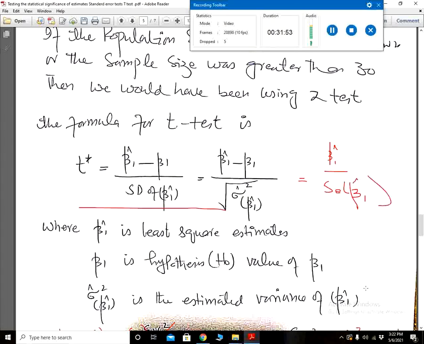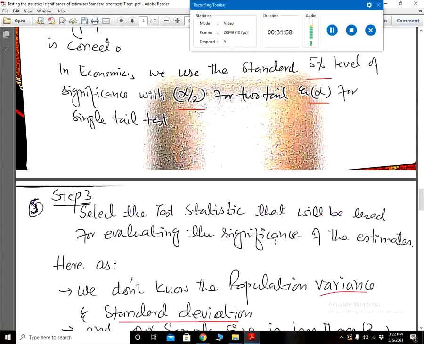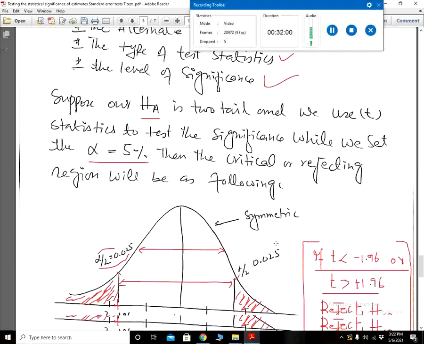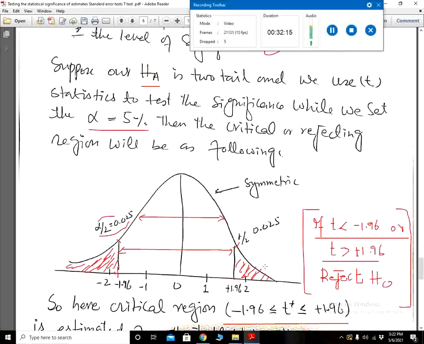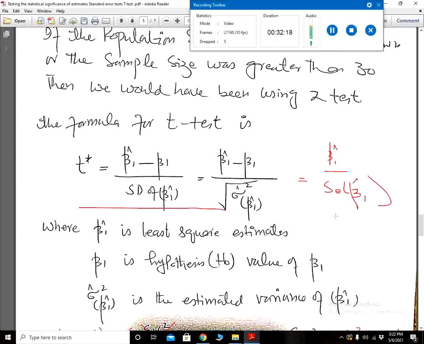Now from here we can state that if the absolute value of t is greater than 2, from the rejection criteria we see that it will be beyond negative 1.96 and plus 1.96, and we will reject H naught. It means that for the rejection of H naught, the t value must be greater than 2. If the absolute value of t is greater than 2, we can reject H naught.